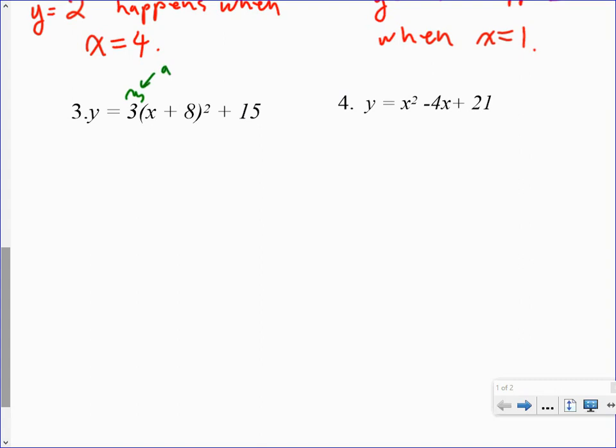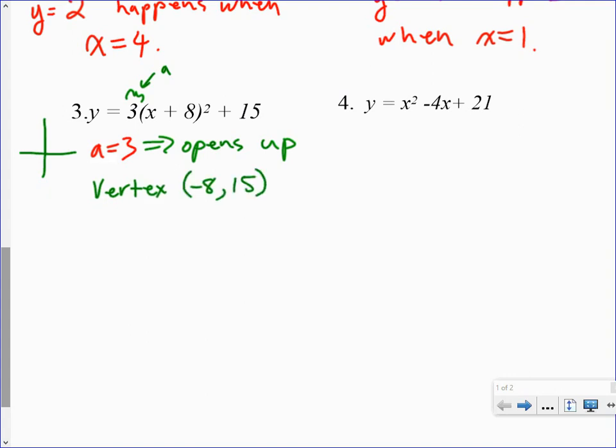So a is positive, so this is a happy parabola, which means it opens up. When I'm thinking it's happy, I'm thinking that it looks like a smile. So if you think about it, our vertex is at negative 8, 15. So that's somewhere over here on my parabola.